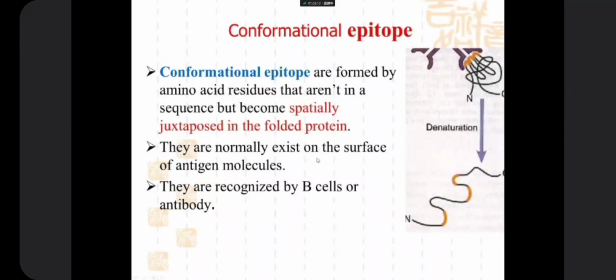They normally exist on the surface of antigen molecules. They are recognized by B cells or antibody. But the conformational epitope maybe lost its function after denaturation.